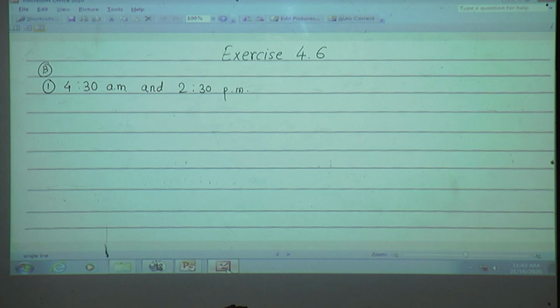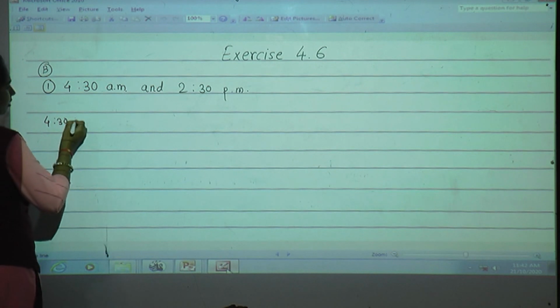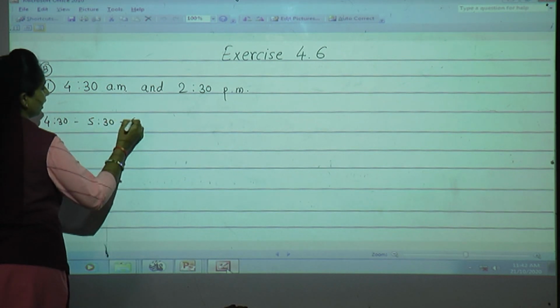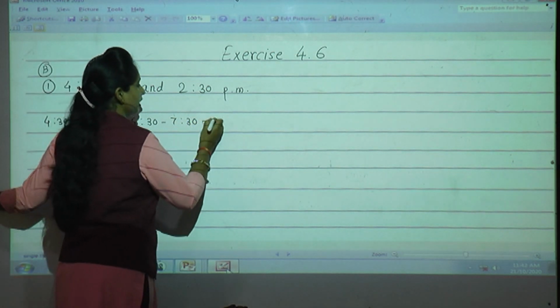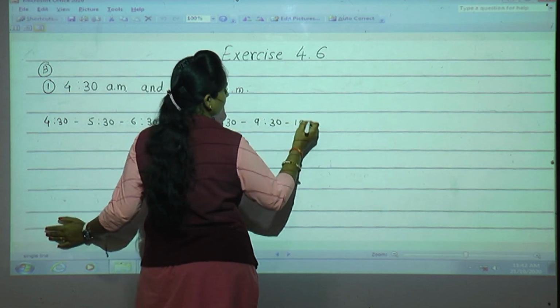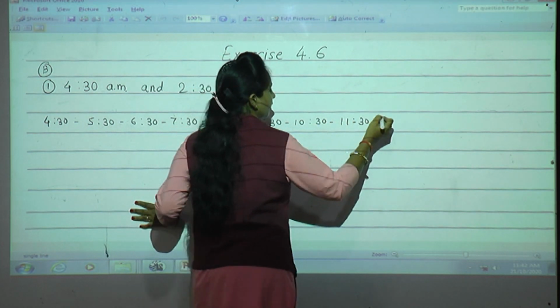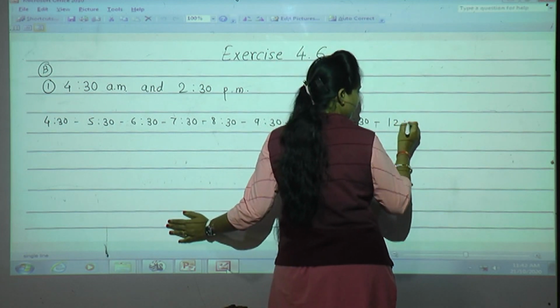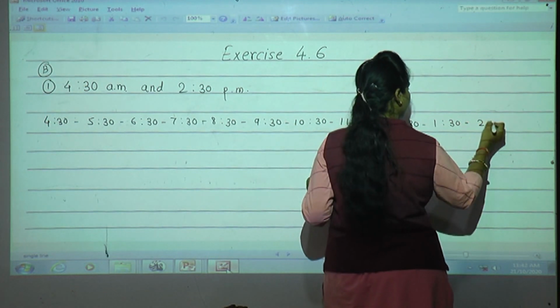Now see, here also one time is given in AM and one time in PM. So what you have to do? See, write the time here, 4:30, then next 5:30, next 6:30, 7:30, the next 8:30, 9:30, 10:30, 11:30, 12:30, 1:30, then 2:30.